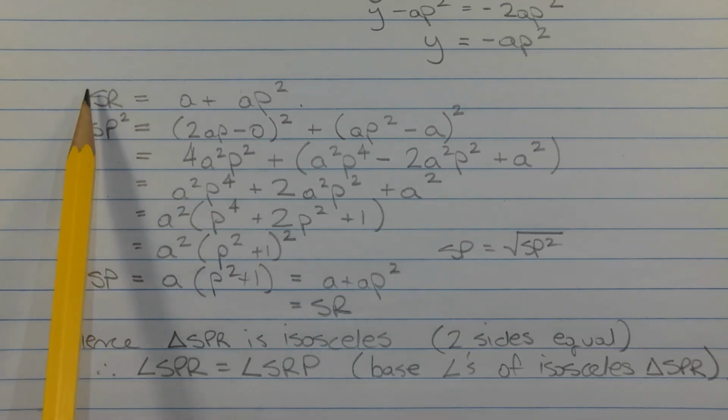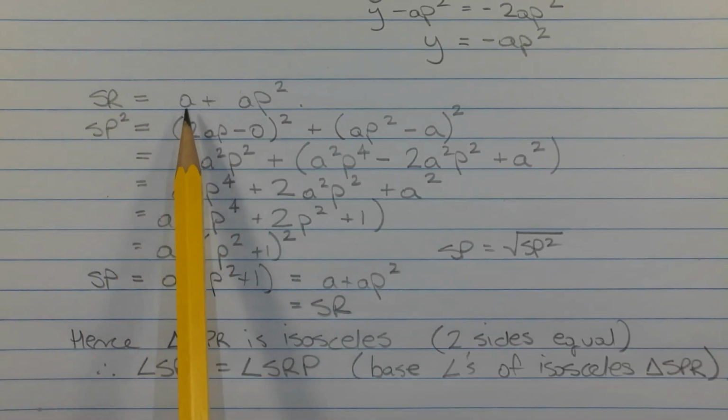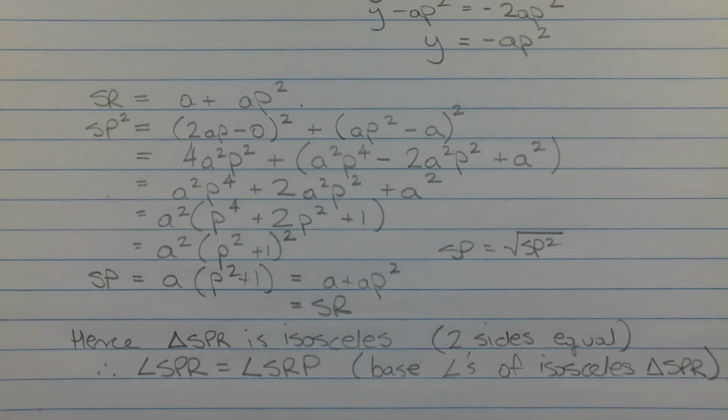Now, the length of interval SR is equal to a + ap². And using the distance formula to find the length of SP squared, we use (x2 - x1)² + (y2 - y1)². So that's (2ap - 0)² + (ap² - a)².